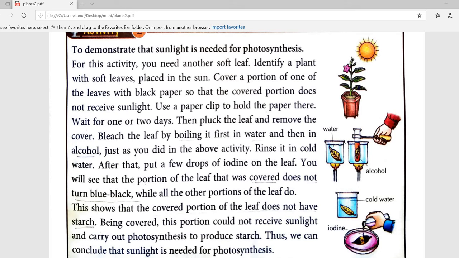We will cover only a small portion, and after two or three days we will pluck that leaf and bleach it in boiling water, then in alcohol, and keep it in cold water.